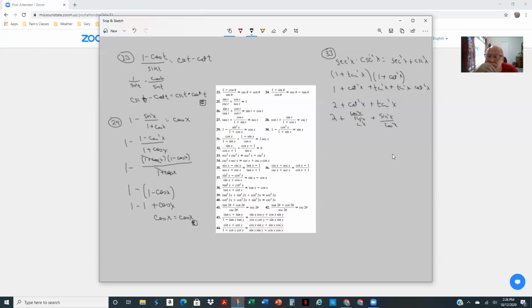Okay, let's see. So that's going to be 2 plus, put these together, sine squared of x times the cosine squared of x. And this one's going to be, let's see, I need a cosine squared on that one. So this one's going to be cosine to the 4th of x plus sine to the 4th of x. I want to do that.